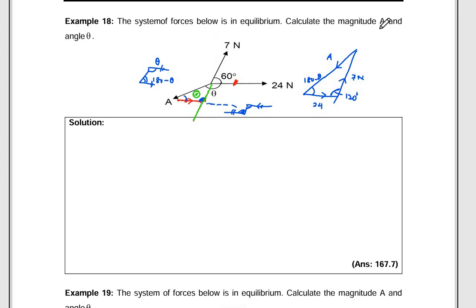Okay. So, now kita nak cari magnitude of A and then the angle theta. So, kita dah sketch these three force, okay, and then dia akan produce a triangle. This is the complete triangle, okay, and then dia akan dalam equilibrium lah. So, nak cari A, nak cari side dia ni, kita ada dua cara.